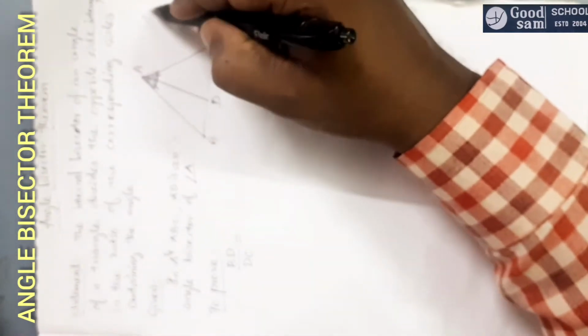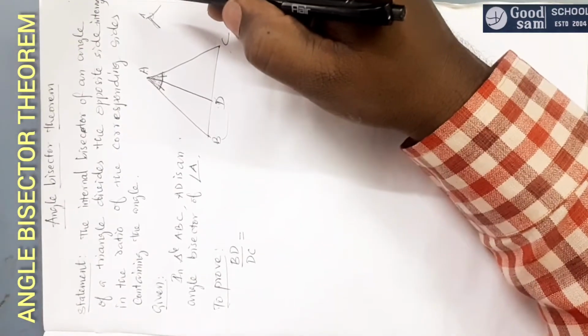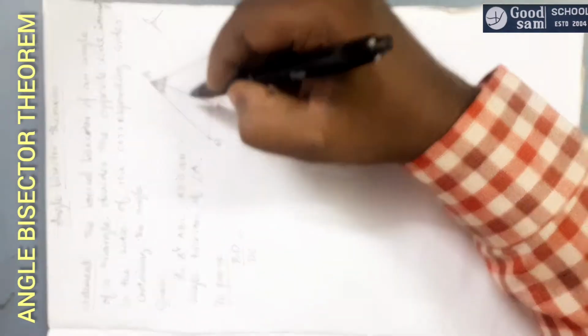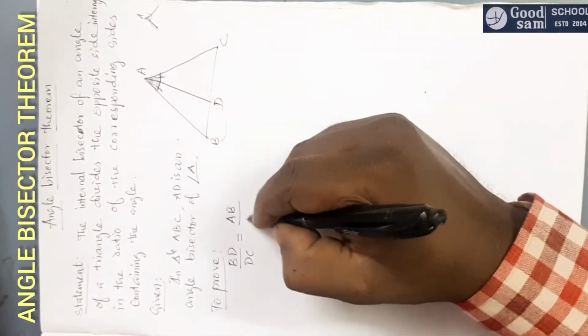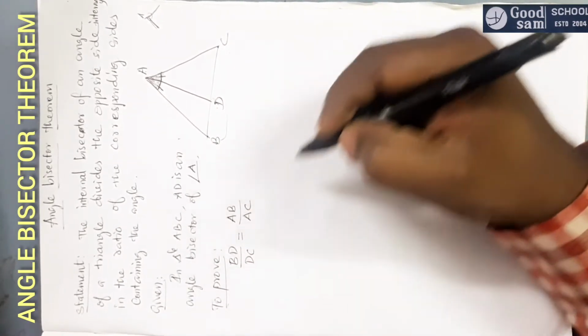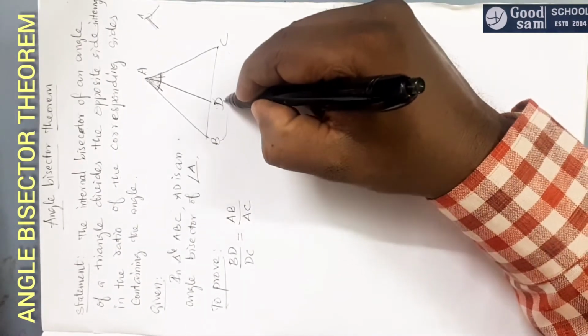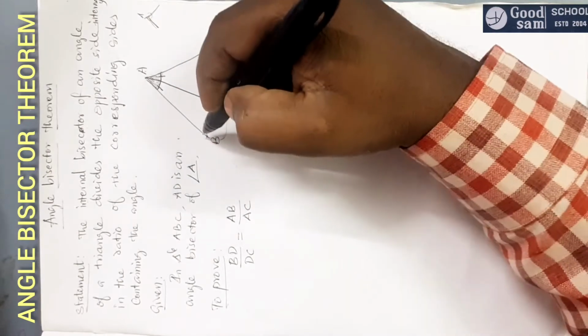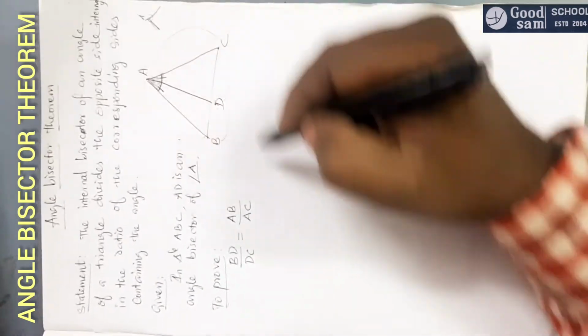The angle A is here, so these two sides are the ones containing it. So this AB and AC. So generally we have to prove that BD by DC will be equal to AB by AC.